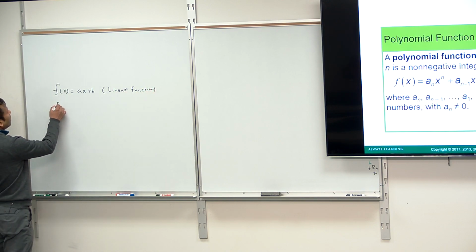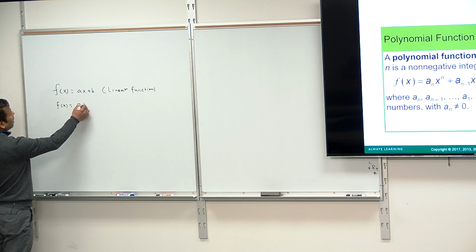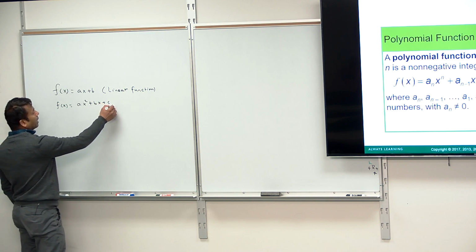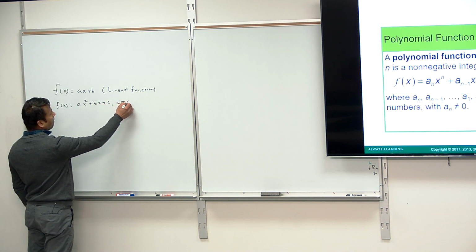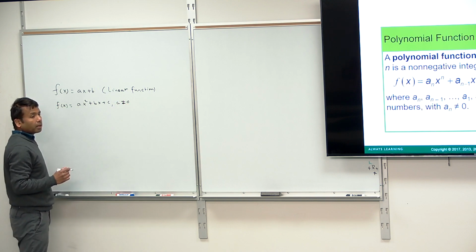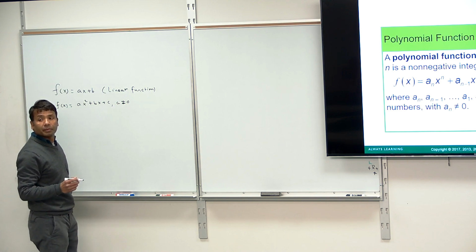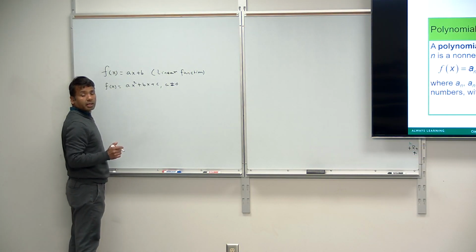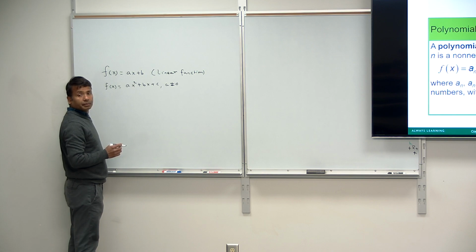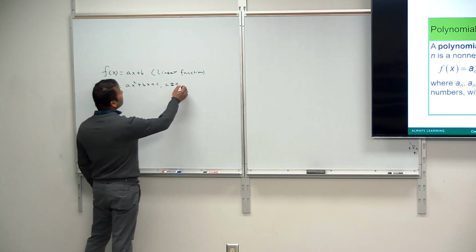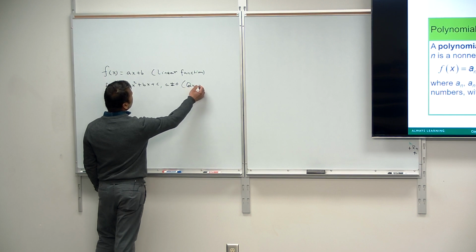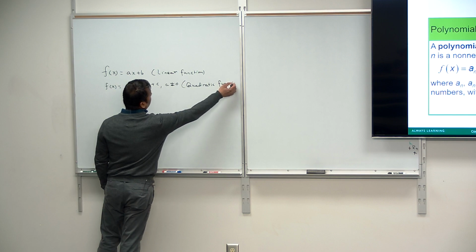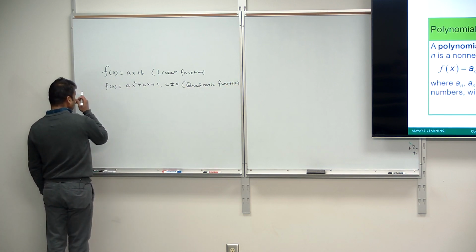If you have f(x) equal to ax squared plus bx plus c, where a is not equal to 0, what is the name of this function? Yes, this is a quadratic function, right?